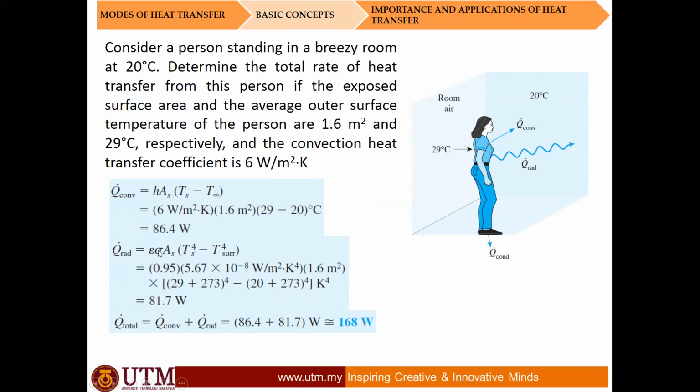You have the emissivity of the body, sigma, which is the Stefan-Boltzmann constant, the surface area, the surface temperature of the body, and the surroundings. Because the heat transfer occurs simultaneously by convection and radiation, the total heat transfer will be convection plus radiation. So you have 168 watts.